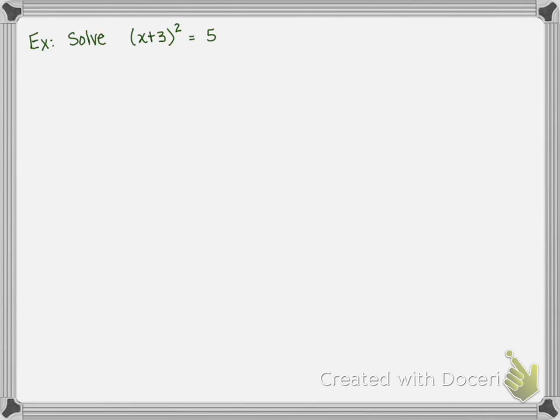But we solved equations like this by taking the square root of both sides, which we can do because the left side is a perfect square. There's nothing going on outside the parentheses other than that exponent. And then the right side is a constant. That's how we know that we can use that square root property to solve.